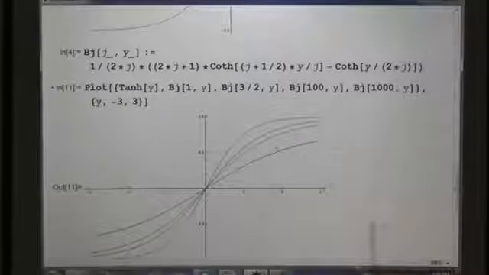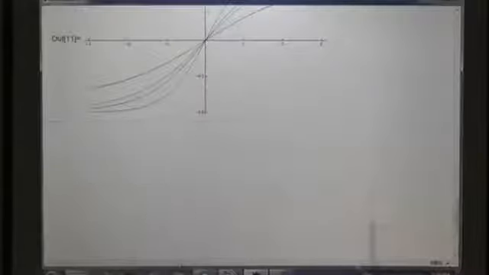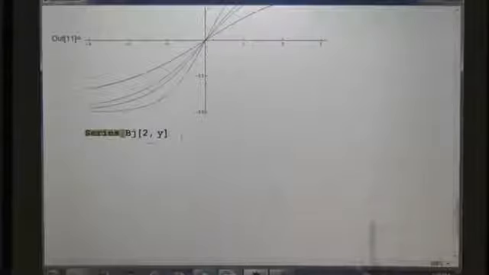Okay. For example, if I have B_J, J equals 2, and y here, and I do a series expansion of this with respect to y, now y goes from 0 to, I would like to take 6 terms.